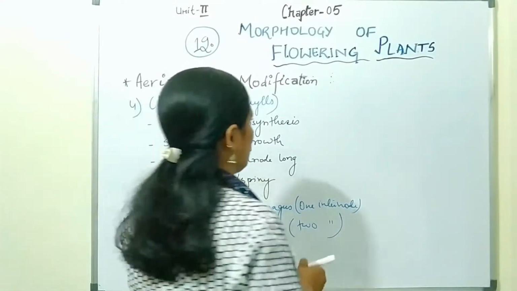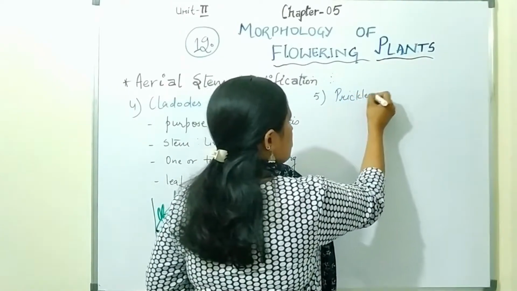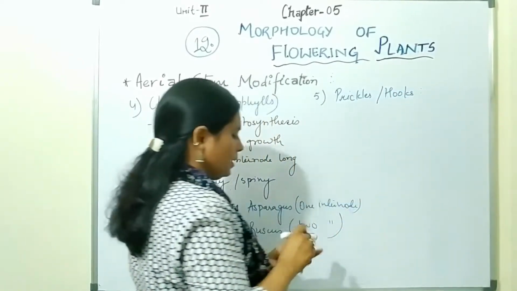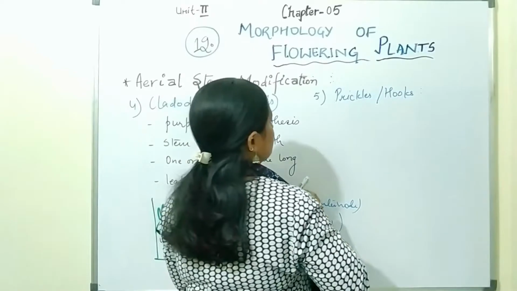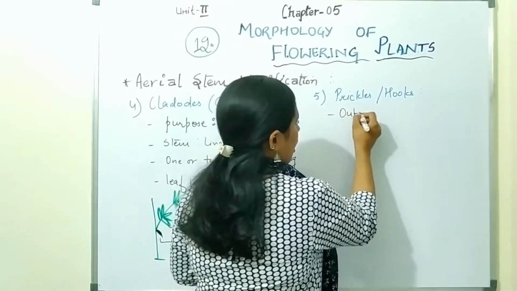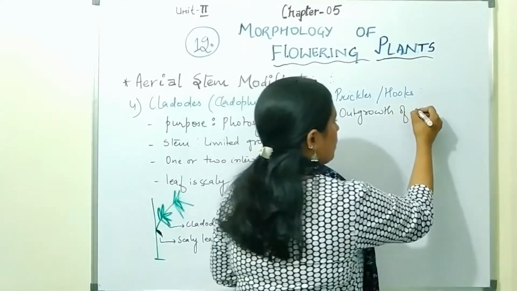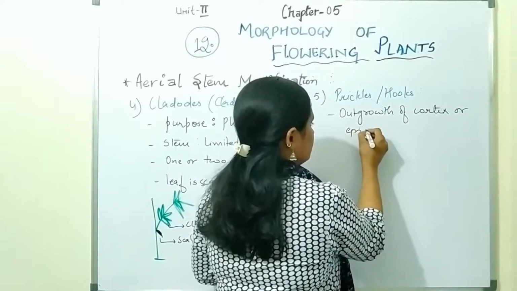Now the next one is prickles or hooks. These are the outgrowth of cortex or epidermis.